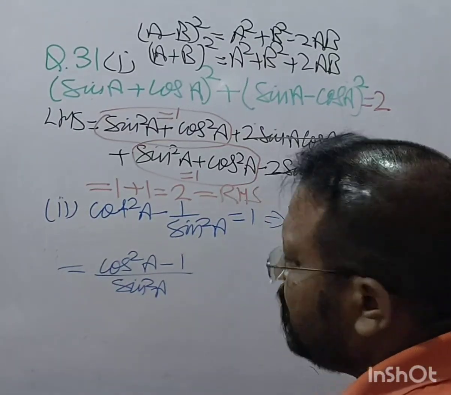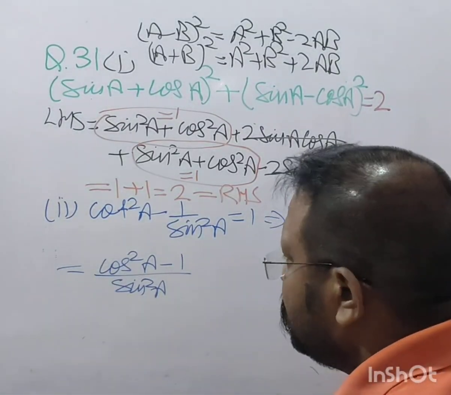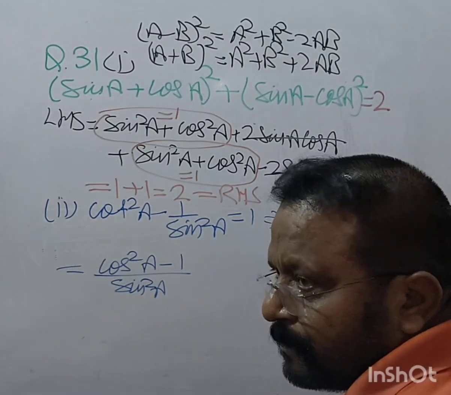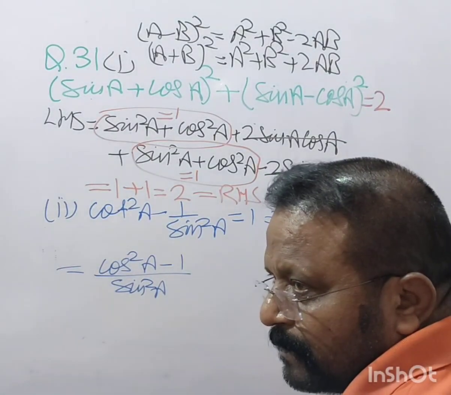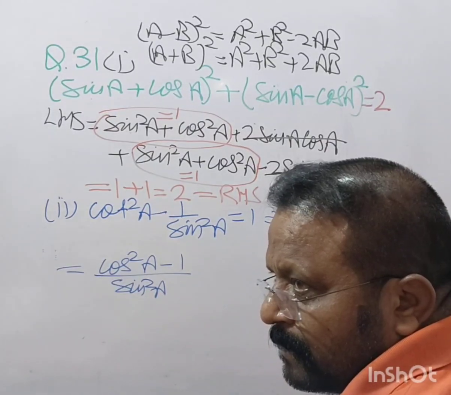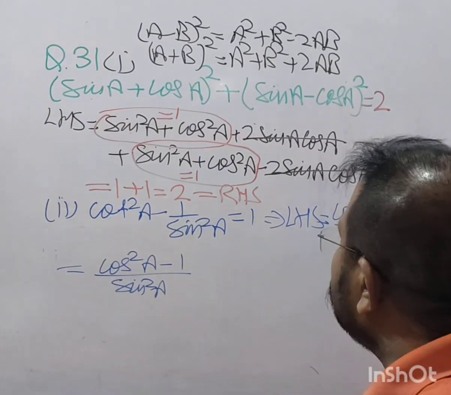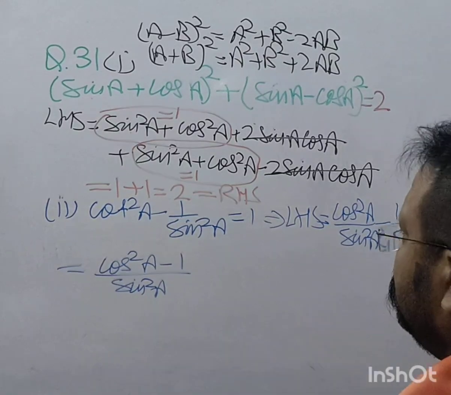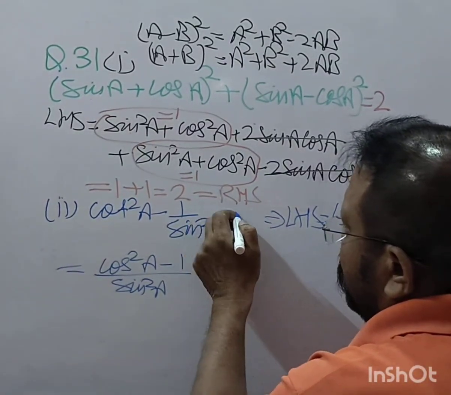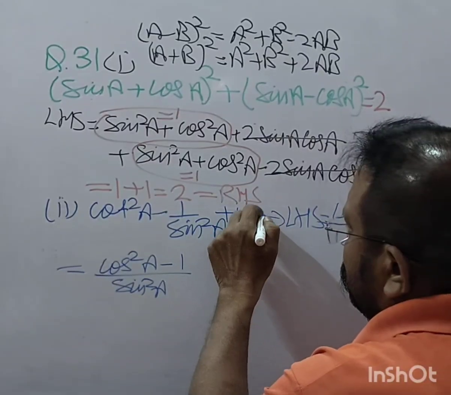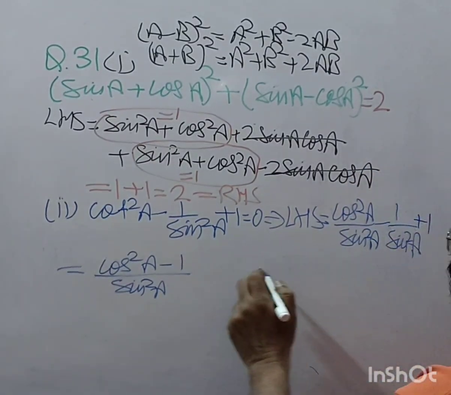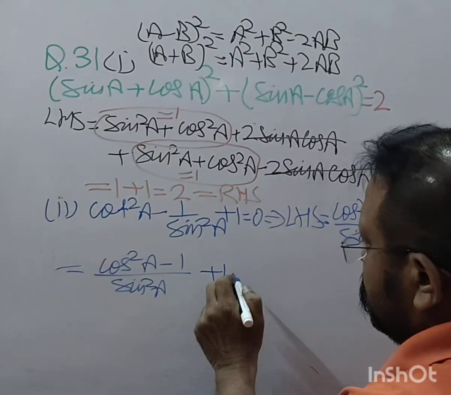What is the answer, minus 1 or 1? Something you told me wrong in the second part? Cot square A minus 1 upon sin square A plus 1 is equal to 0, na? Plus 1 is equal to 0. That is okay. So here will be plus 1.